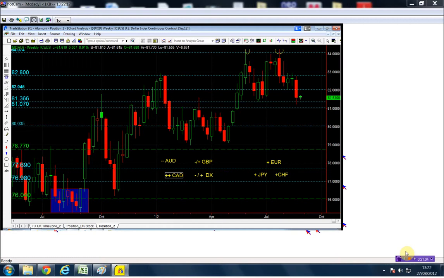Just make sure that you're always having your positions correctly. So you either short the pound across the board in every pair, or you long the pound across the board. You do not want to create a synthetic position. So you must be careful not to create a synthetic position.